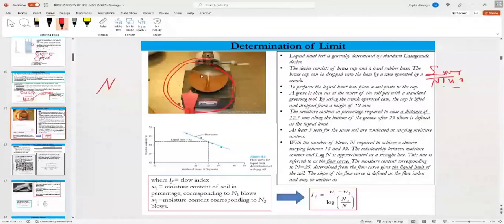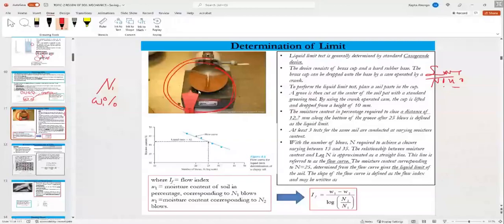Take a portion of this soil and take its water content. All right. Do this at different moisture contents. Do this test by adding water or drying back the soil a little bit. What I usually do when I want to dry back this soil is put it in the oven for 15 seconds. That's enough to cut down some moisture.